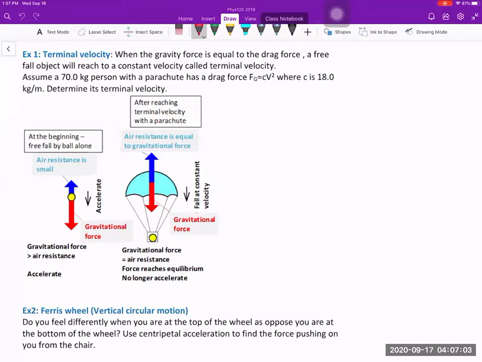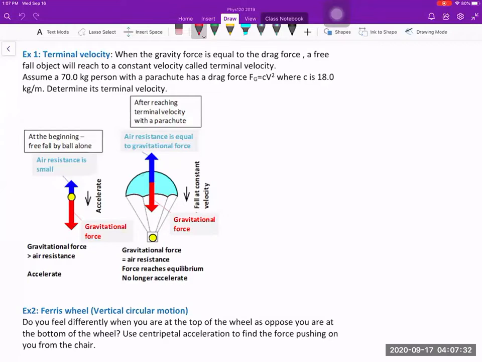Even if you didn't open the parachute, you yourself also create an air resistance, right? If you are standing against a fan, you're going to feel the resistance. That is the same resistance we were talking about here. But that resistance is very small compared to the gravitational force pulling downwards.